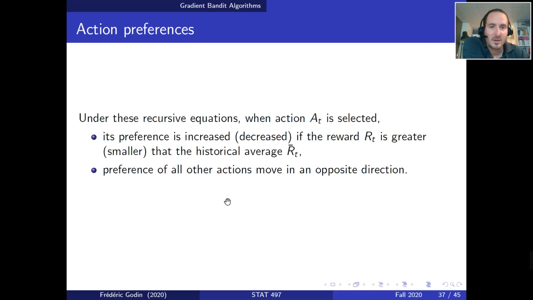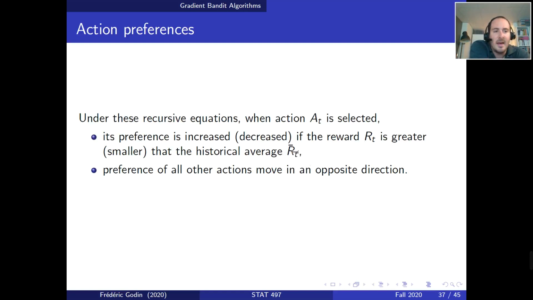Under the previous recursive equations, when action A is selected, its preference is increased if the reward obtained from that action is greater than the historical average reward, or its preference is decreased when the reward you obtain is smaller than the historical average.